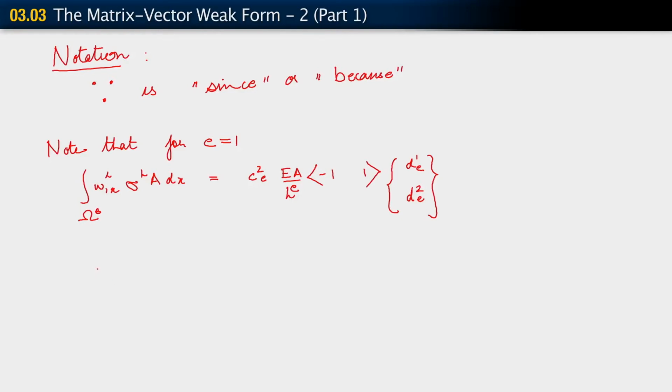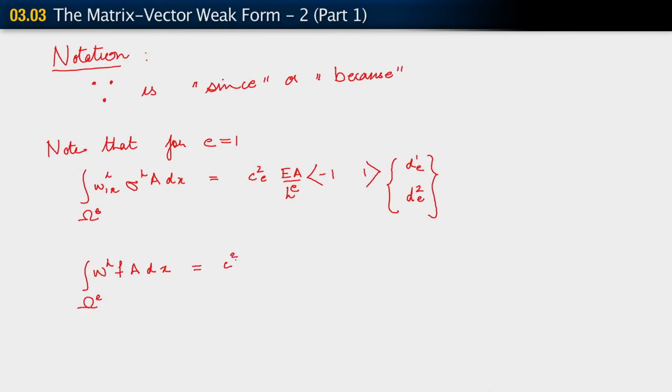All right. Likewise, we get the integral over omega E of WH F A dx equals, in this case, just a scalar, right? In fact, all the integrals do turn out to be scalars when we complete the matrix vector products, but in this case we don't even need to use matrices and vectors.